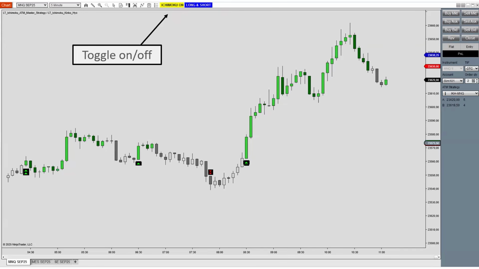And so if you want to avoid new trades during news events, you can toggle the strategy to off, temporarily pausing new entries. And the other button here is a directional filter with settings for both long and short, and then long only and short only.